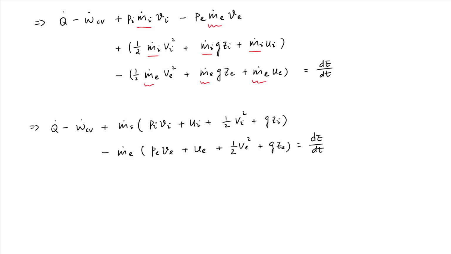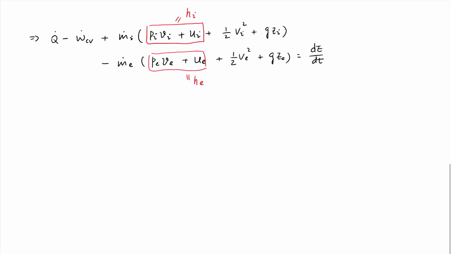And now we can further simplify this equation because internal energy plus P nu, as we know it, is the definition of specific enthalpy. So the first two terms will become h_I, and similarly, those two terms in the red box will just be enthalpy at the exit. So here is our final solution.